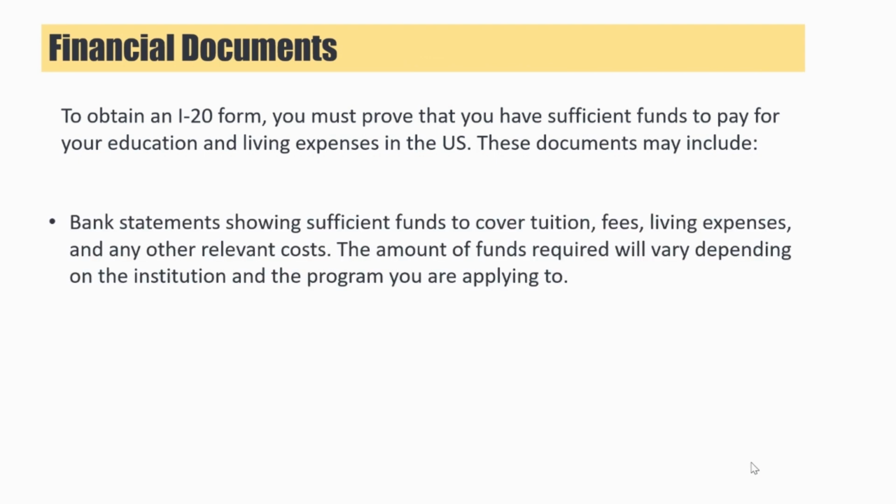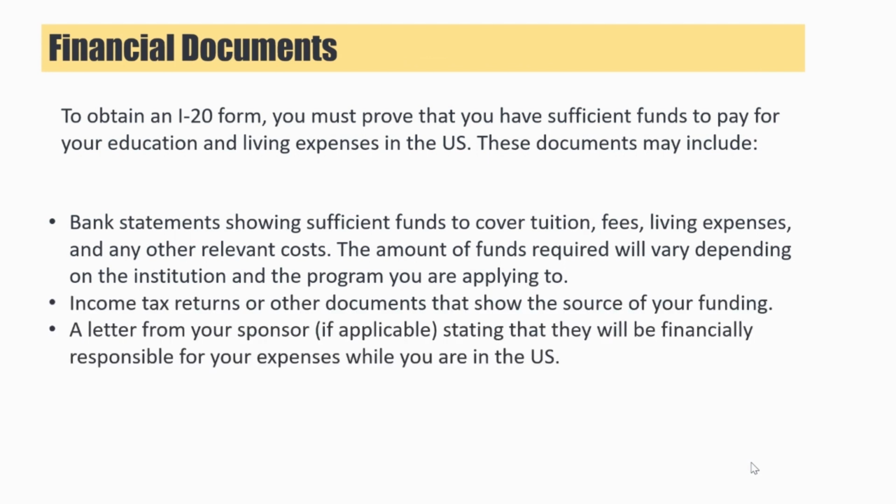They are your bank statement. So you should have sufficient funds available with you to cover your tuition fees, living expense, or any other cost. And again, how much bank statement you need depends on different factors, which university you are applying to, which program you are applying to. So that is why I've said to get an estimate of how much your tuition fees and living expense will be, and accordingly you can prepare your financial documents.